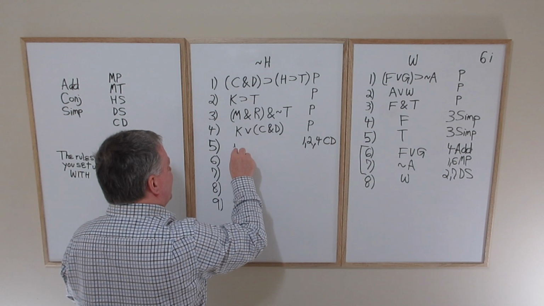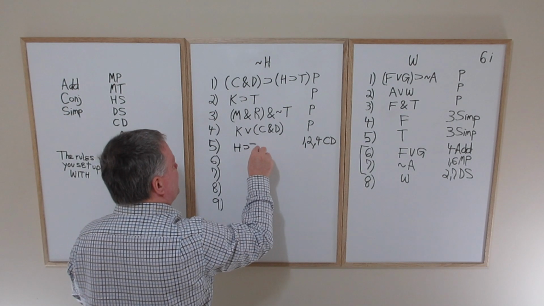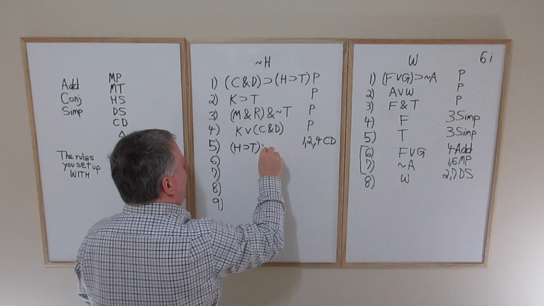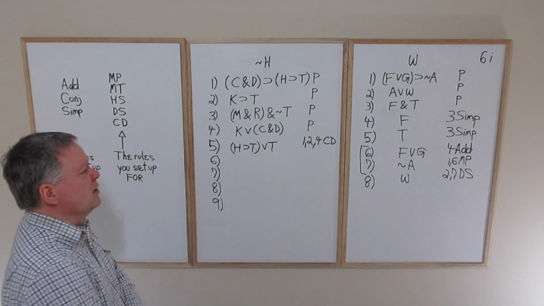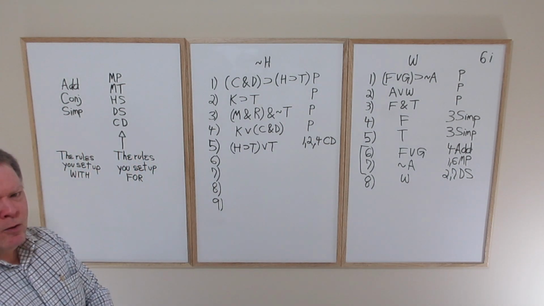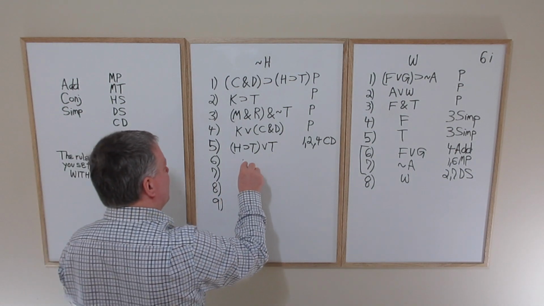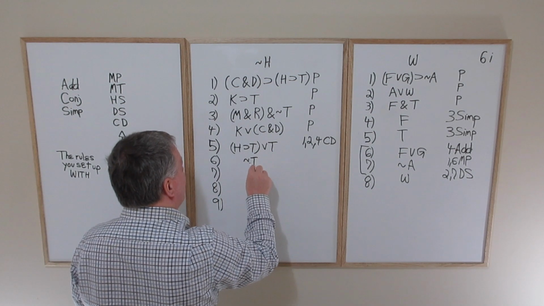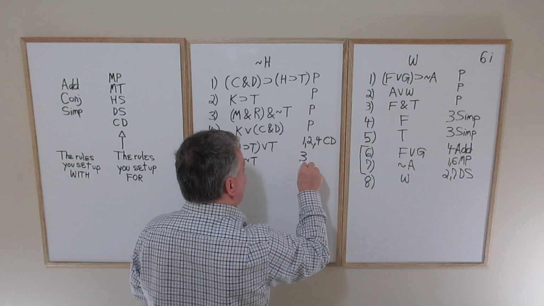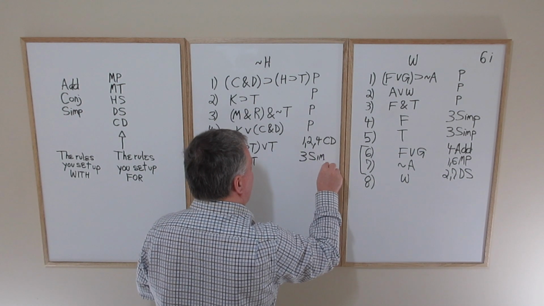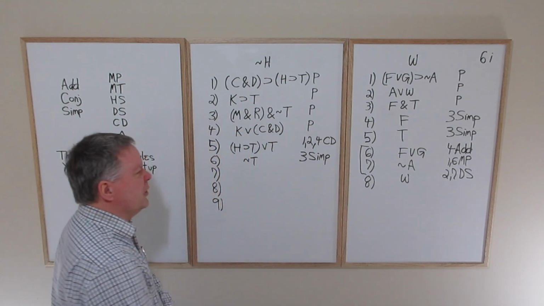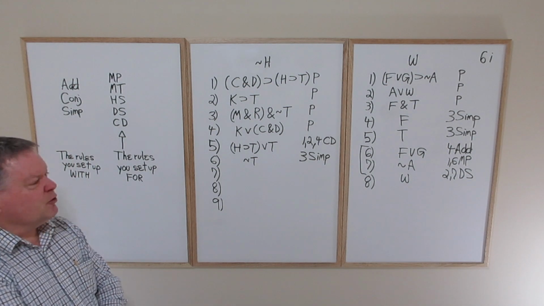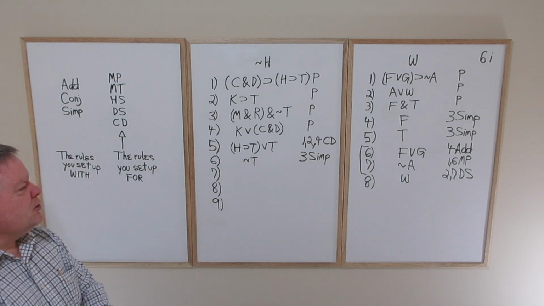So that's going to be H horseshoe T or T. Now, once again, we can do the simplification step on line 3 that we did in the other proof. We are, after all, working with the same information.